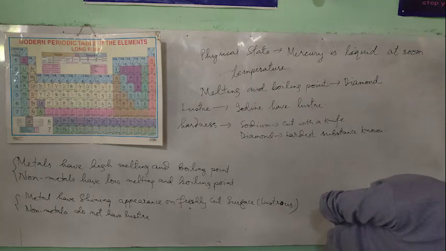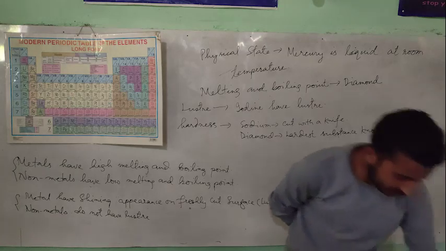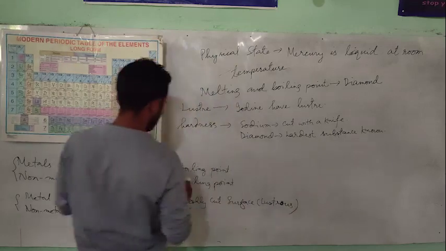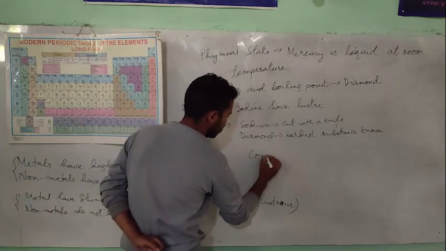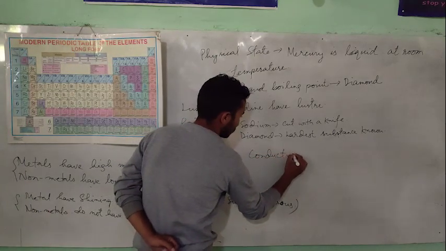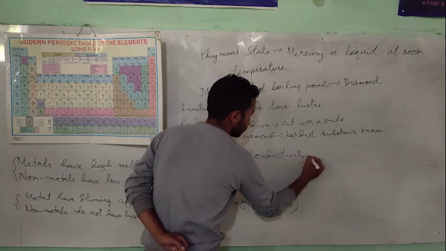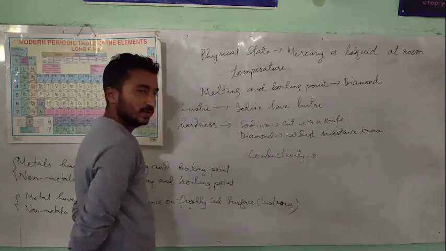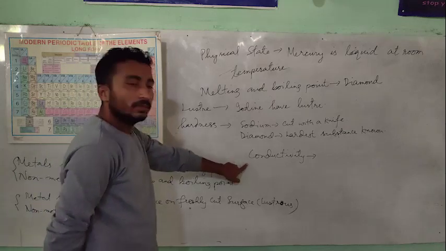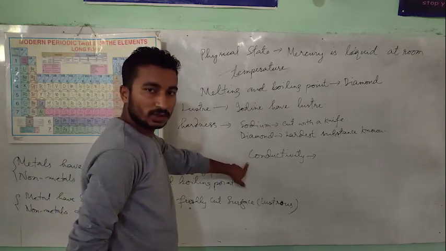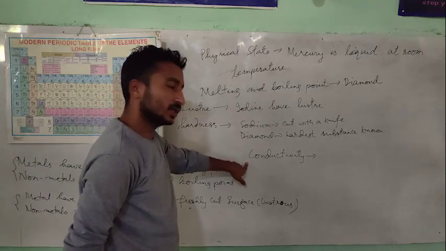Next, electrical conductivity. Let's write down the conductivity. We have done that metals are good conductors of electricity and non-metals are bad conductors of electricity.